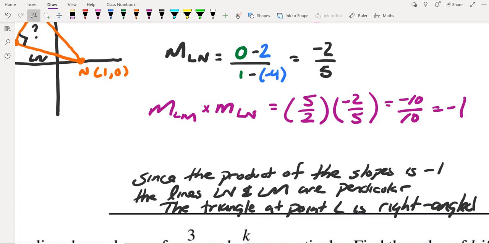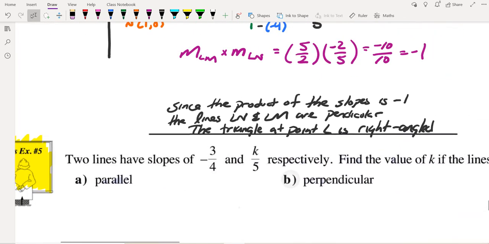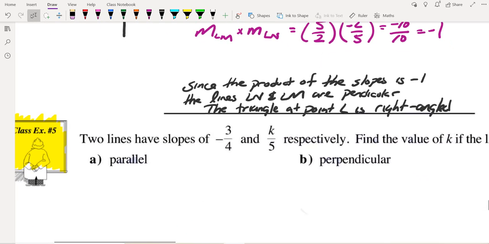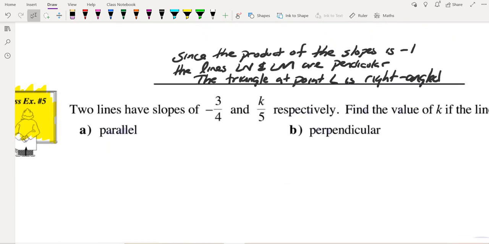Right? So the final question we're going to do today together is example 5. Okay? And we're given two slopes of a line. One slope is -3/4. The other slope we don't know. It's k over 5.